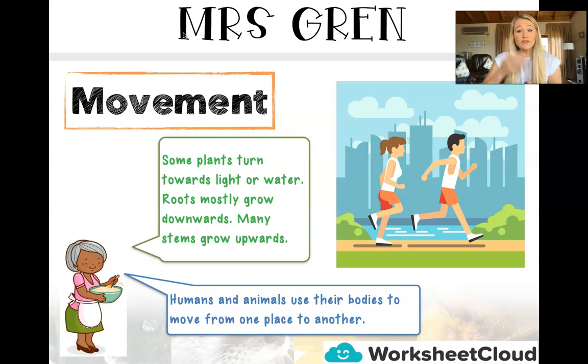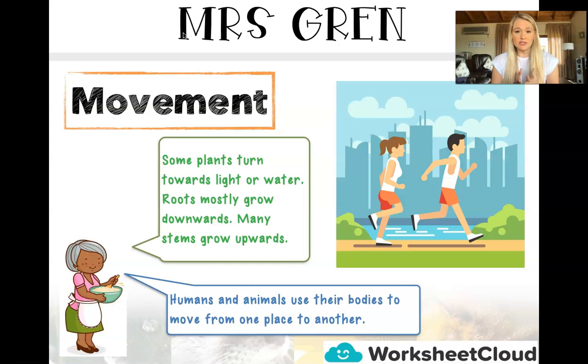Now, with all of these different parts of Mrs. Gren, I'm specifically going to talk about how Mrs. Gren is related to both plants as well as animals, and how for every part of Mrs. Gren, we are going to look at an example of how plants use it as well as animals.